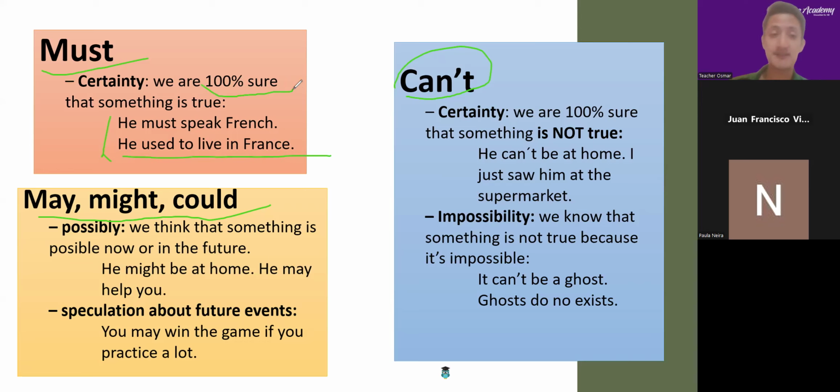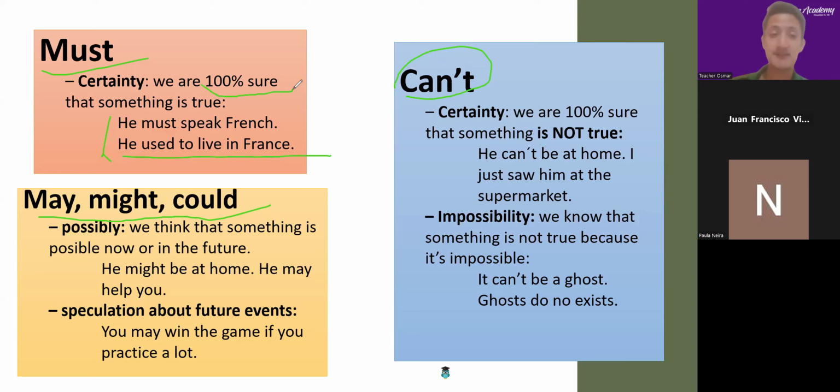Yes, teacher. Excellent. Remember. Teacher. Juan Francisco? I don't understand may, could. Okay, in this case, for speculations, they are synonyms. The translation could be podría, puede que, puede ser, okay?